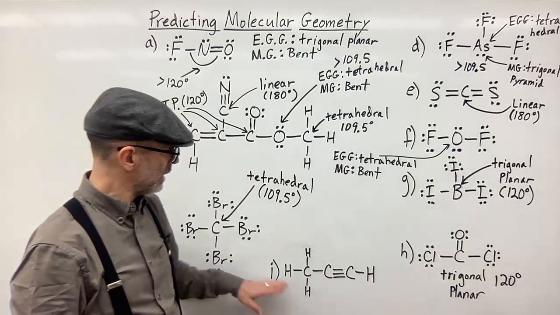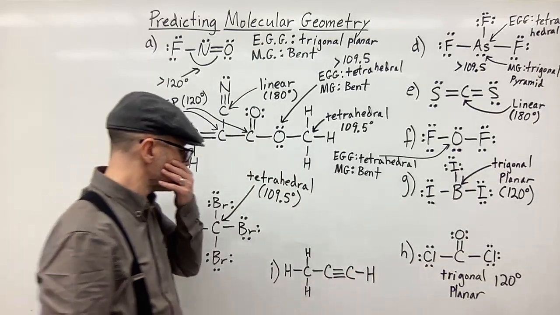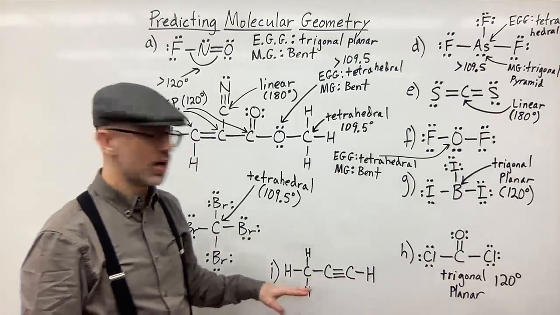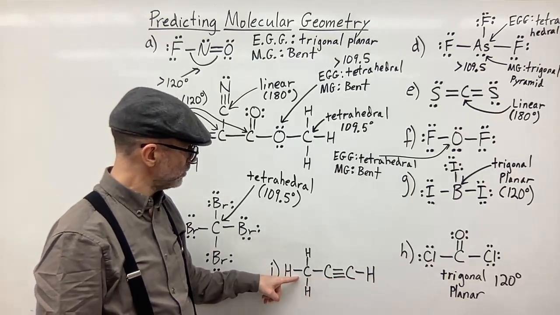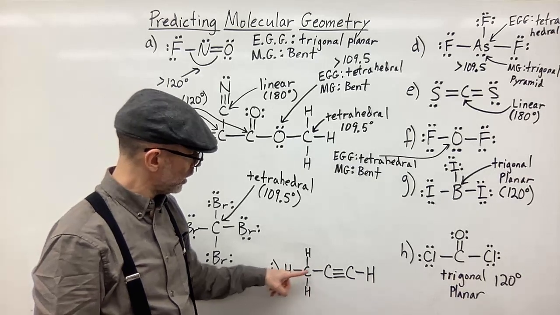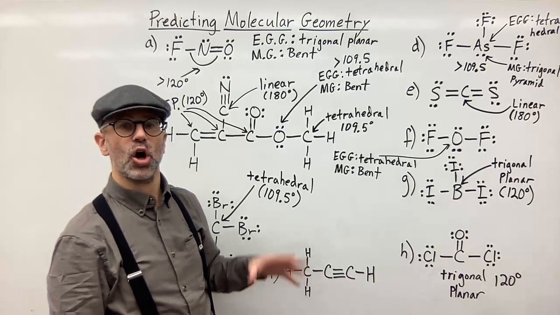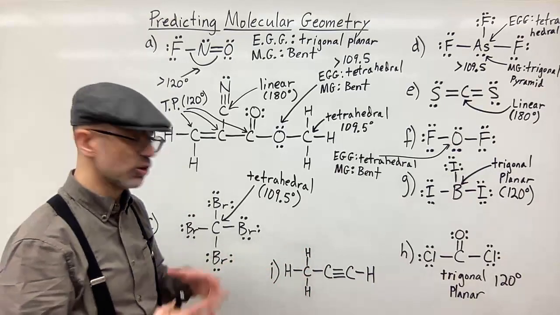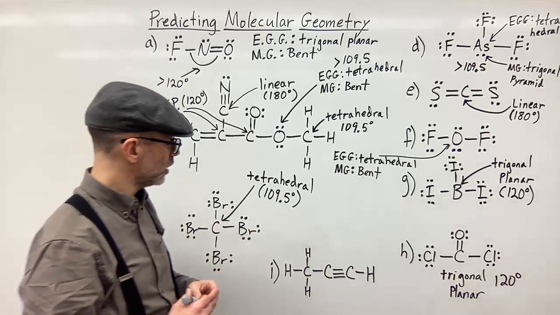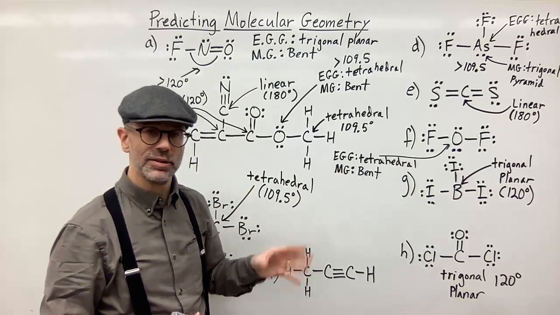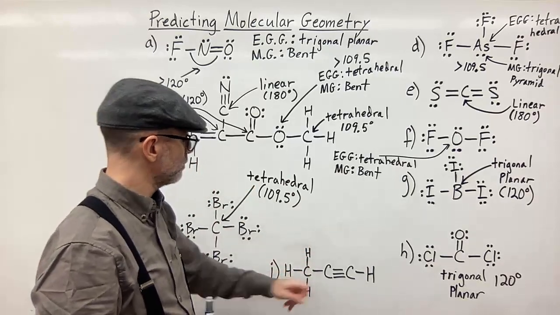Finally, we've got this molecule here. So again, this has multiple central atoms. We have carbon, carbon, and carbon. These are three central atoms. So they're each going to have their own shapes, their own electron geometries.